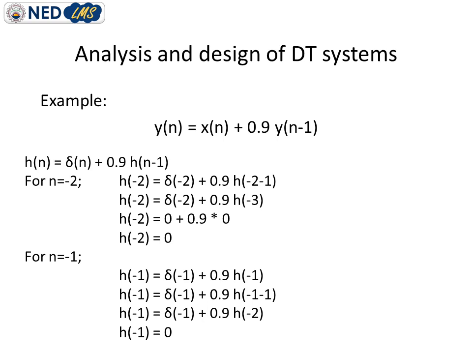But here you can notice that in the equation we have replaced x with delta of n and y with h of n. So we have to put the previous output value in the current output.